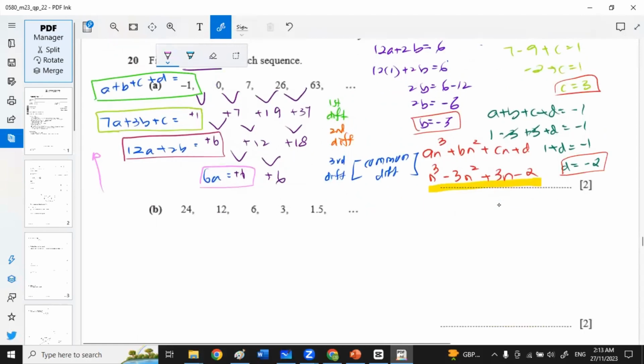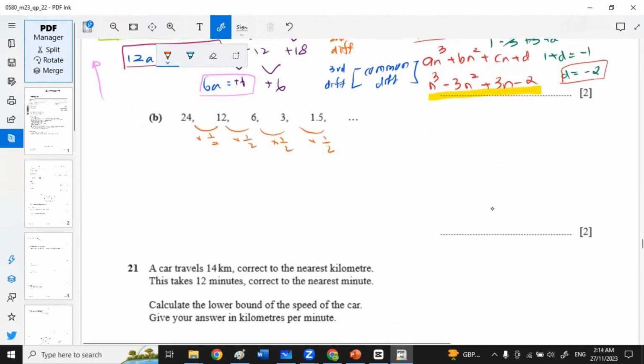Okay. B. 24, 12, 6, 3, 1.5. So from here, basically, you times half. You halve it. So the half here, when you times or divide, we call it the common ratio.